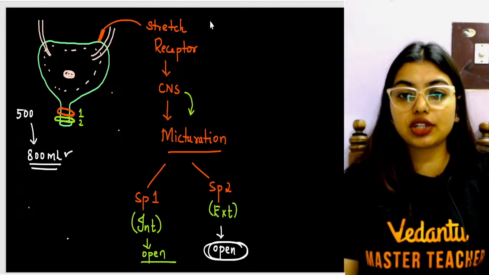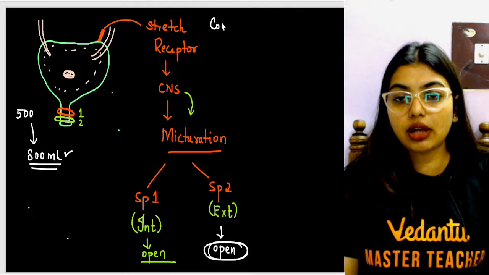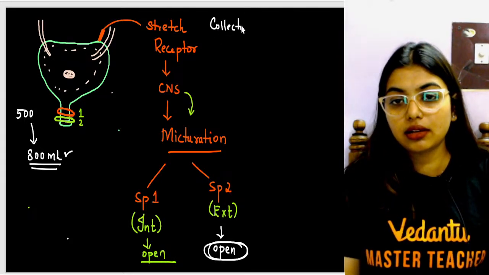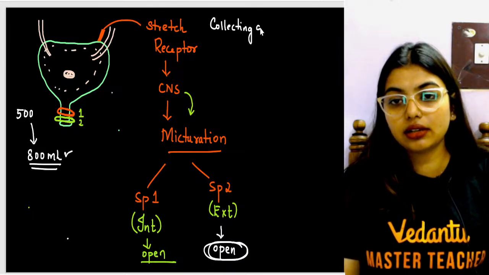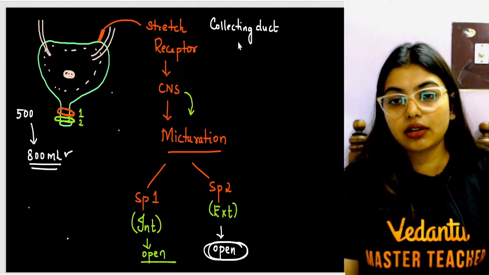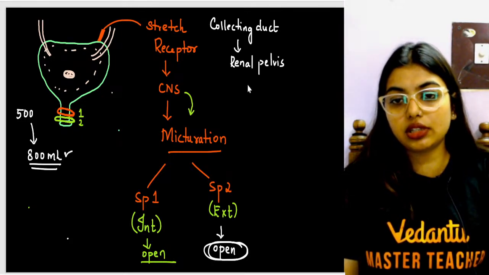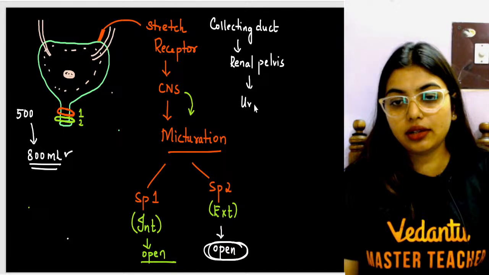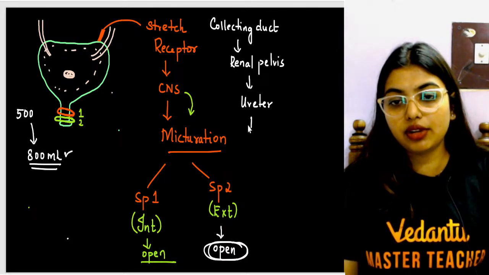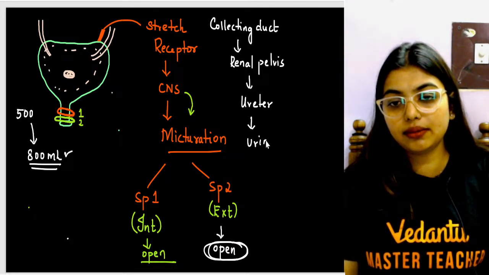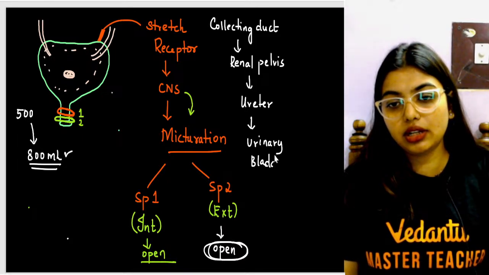Now how is the urine going to be passed? It is going to come from the collecting duct to renal pelvis, then to ureter, ureter to urinary bladder, urinary bladder to urethra.